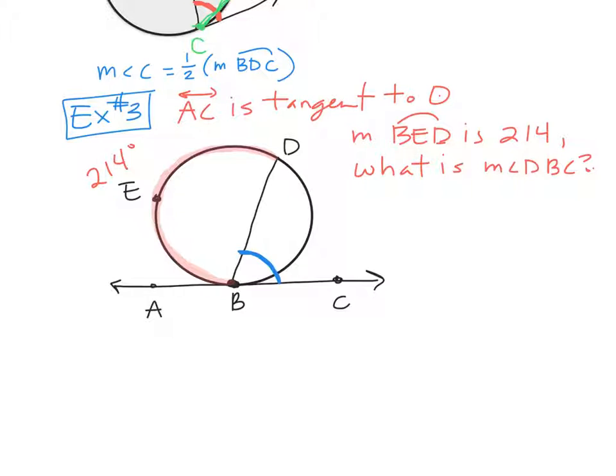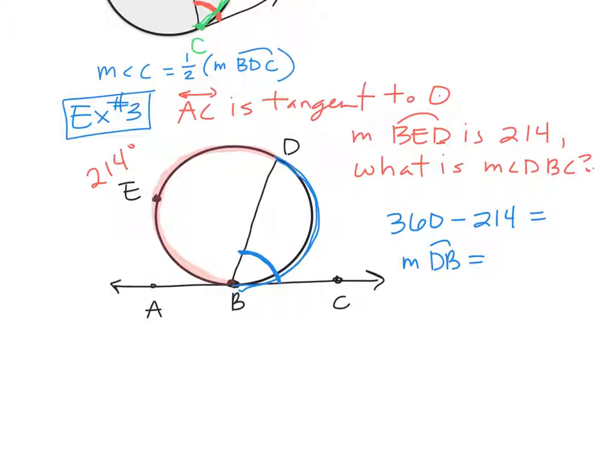What do you do? You'd have to subtract 214 from 360, divided by 2. Right. So if we take this as our intercepted arc, because it is, you would do 360 minus the 214 to get the measure of arc DB. Right? So subtract that, you get, what does that come out to?